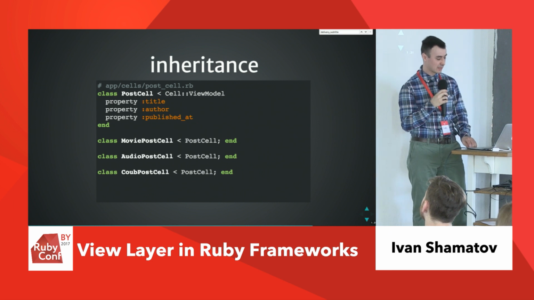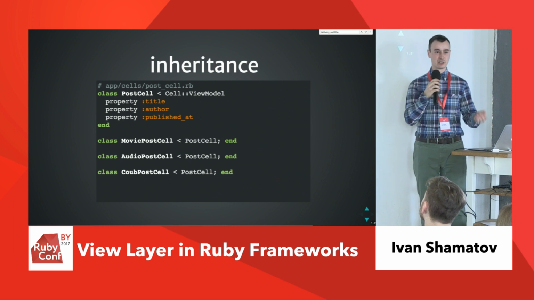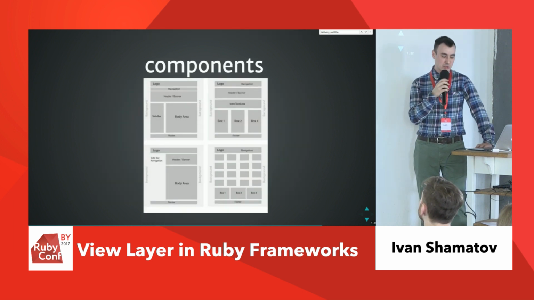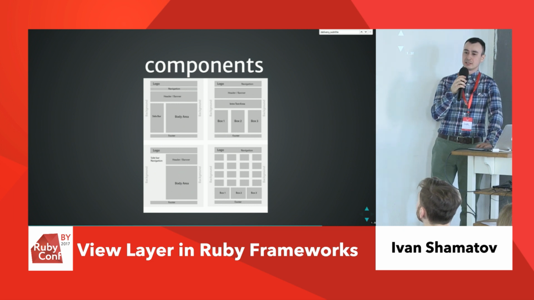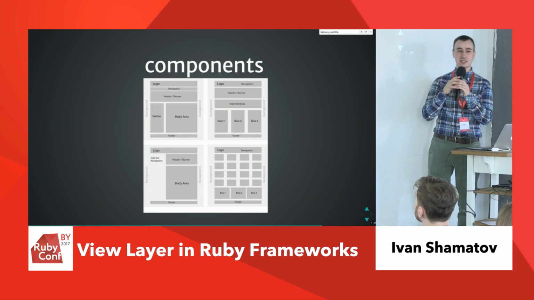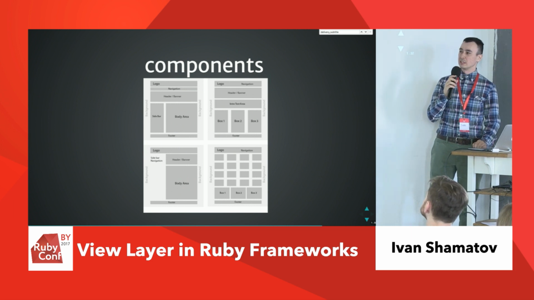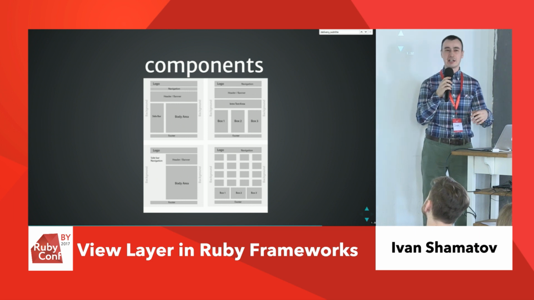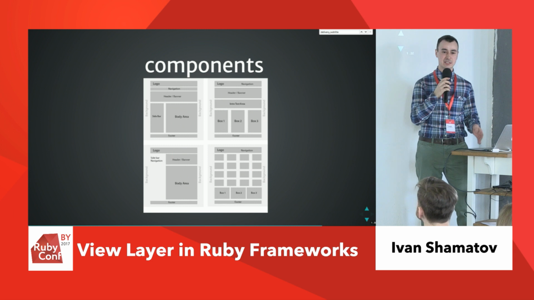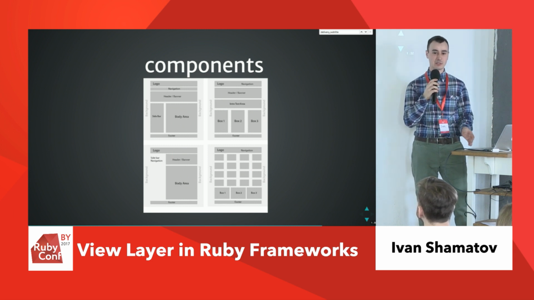And if you start to dig in and use cells often, you start to see your application like components. At that moment, you start to understand that I can wrap not only a resource with cells, but I can wrap anything in my view with a cell.